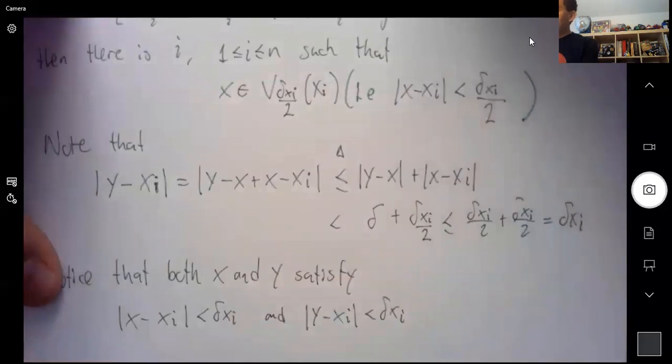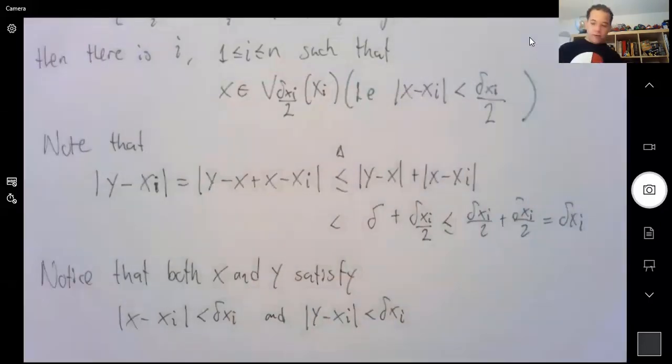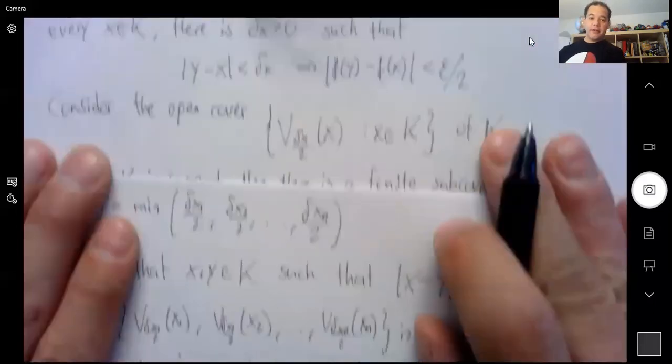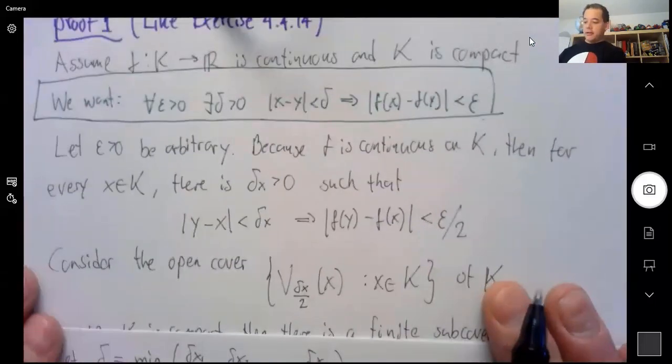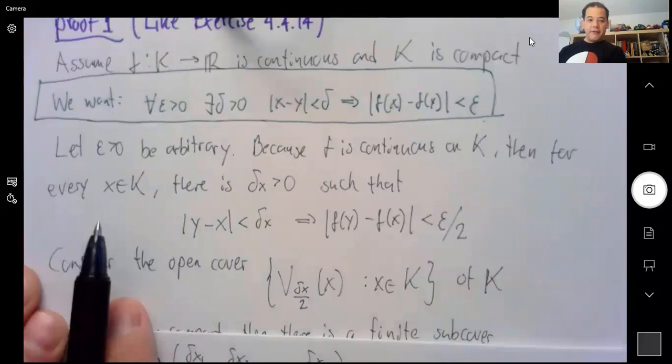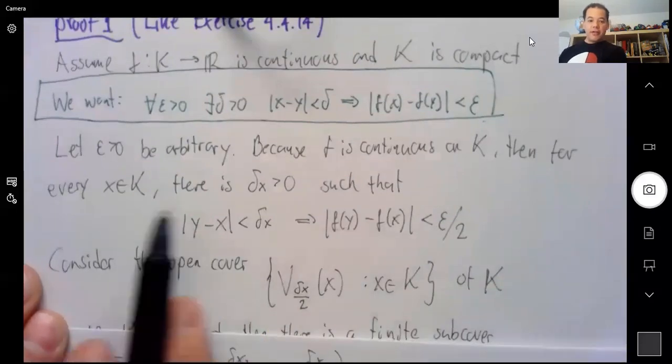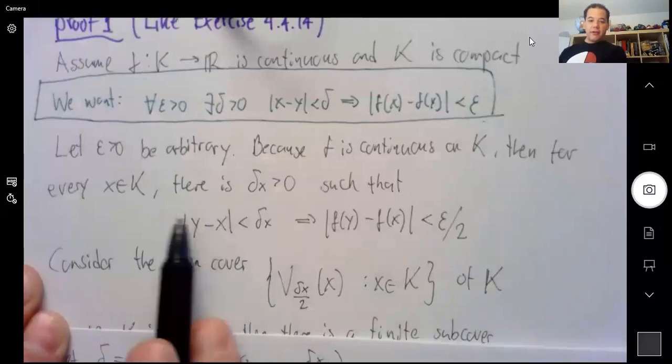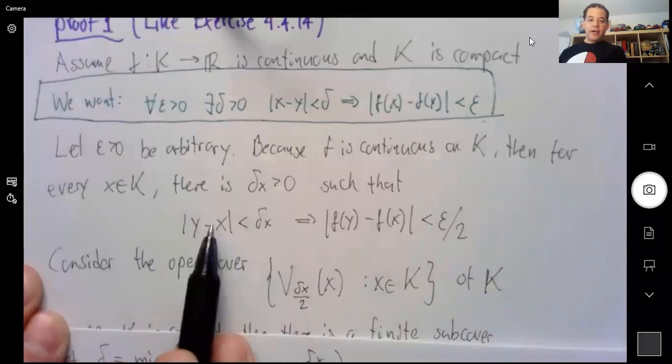So then we go back to where delta Xi came from. Remember, delta Xi is the delta that makes the Xi work for continuity. So let's go back, right here. At the very beginning of our proof, we said for every X we were going to look at delta X, and so change X for Xi right now.